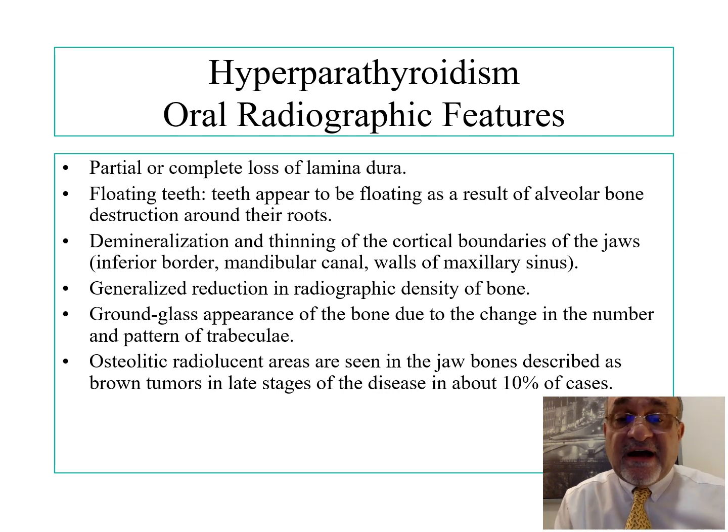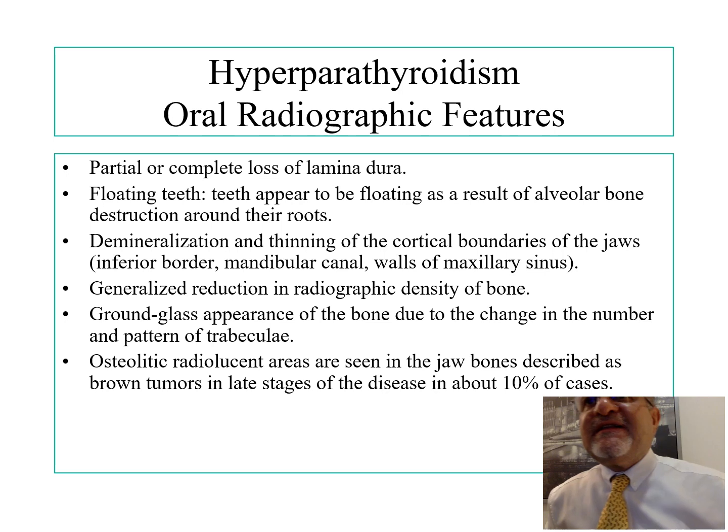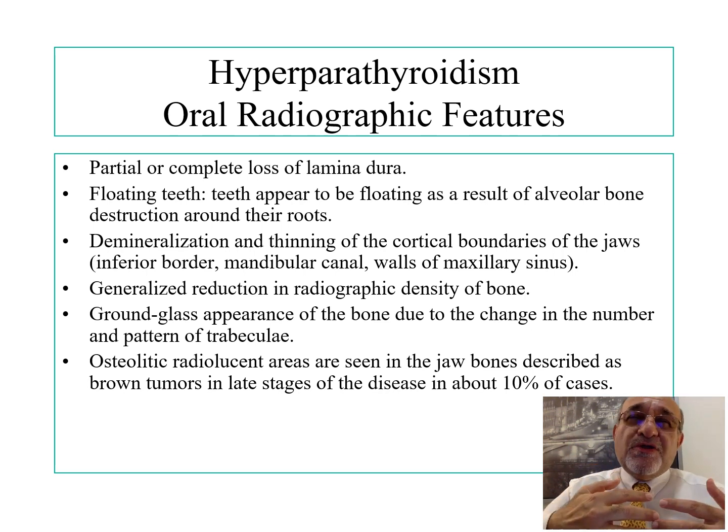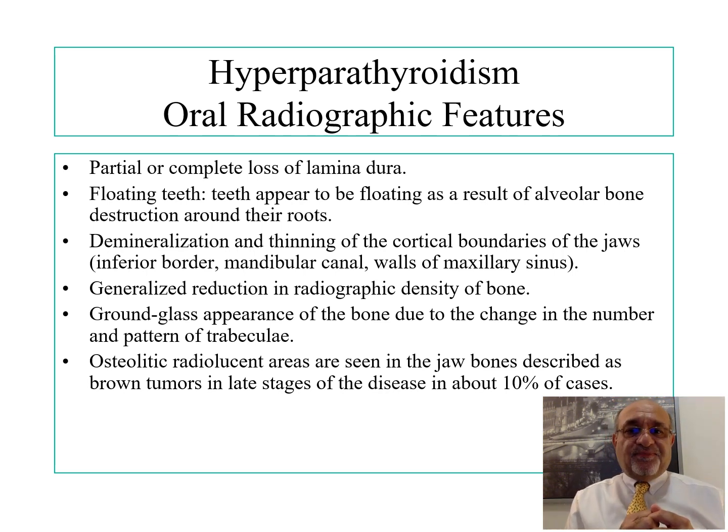There is a generalized reduction in the radiographic density of bone, and this is because calcium, which absorbs the X-ray and gives the radio density to the X-ray image, is reduced. So the radiographs tend to be more radiolucent. They don't have the same radio opacity as that of a normal patient.